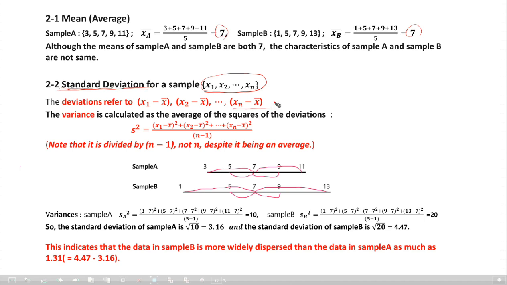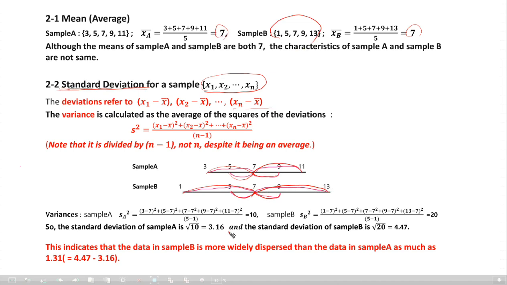So for sample A, the deviations are 3 minus 7, 5 minus 7, 7 minus 7, which is 0, 9 minus 7, 11 minus 7. Those are deviations for sample A. For sample B, 1 minus 7, 5 minus 7, 7 minus 7, 9 minus 7, 13 minus 7 are the deviations.